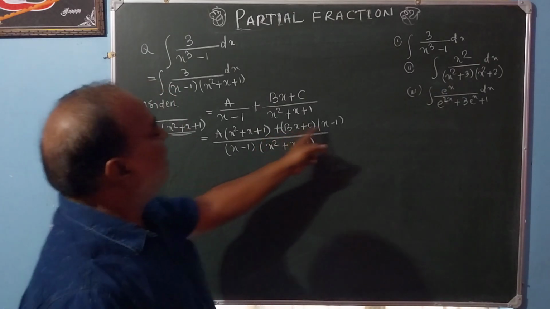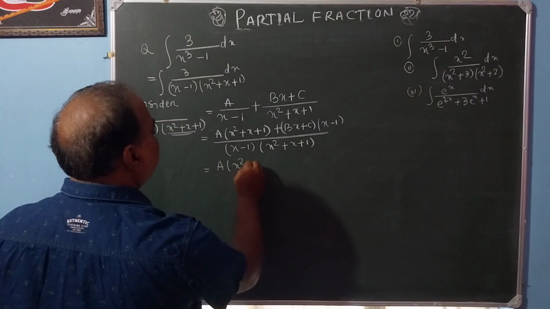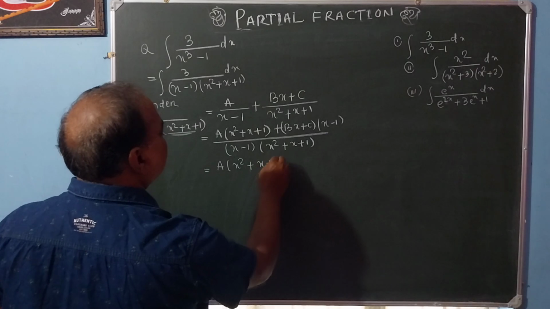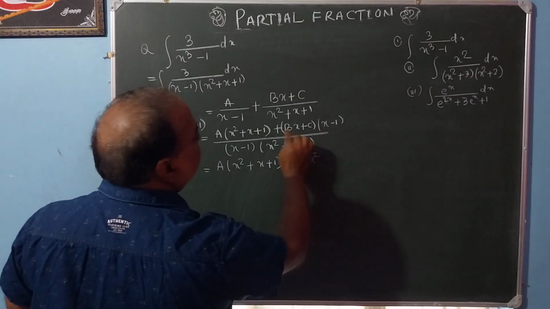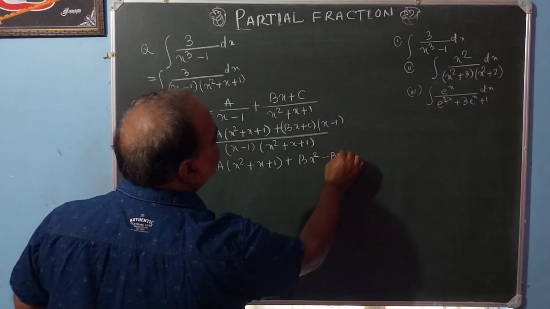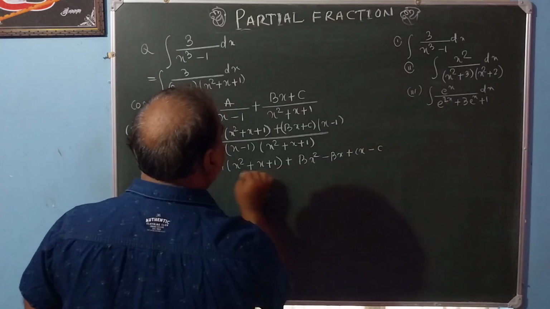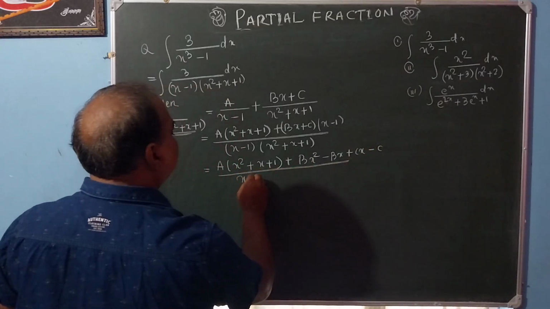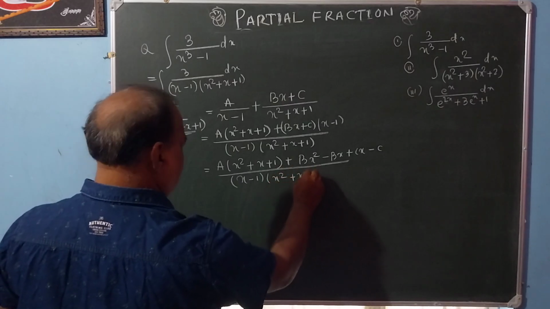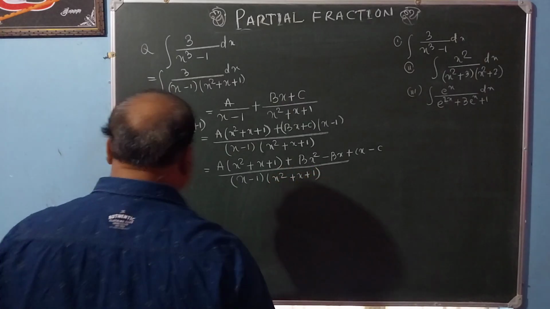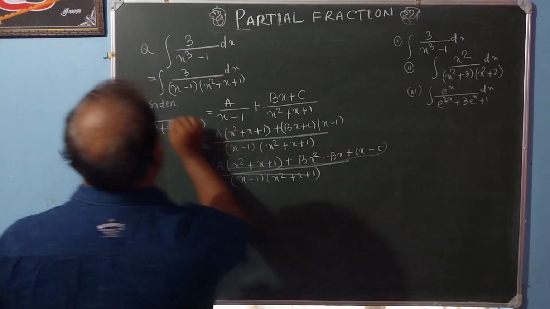Okay, so now multiplying this, we get a x square plus x plus 1 plus bx square minus bx plus cx minus c, divided by x minus 1 whole into x square plus x plus 1. So this cancels with this, and this is equal to this.